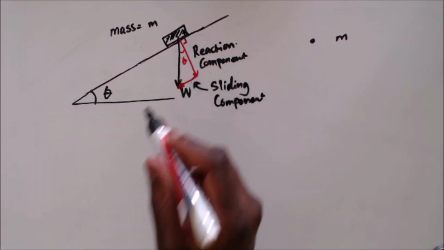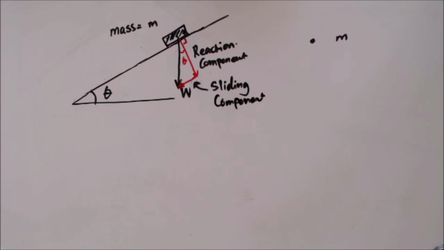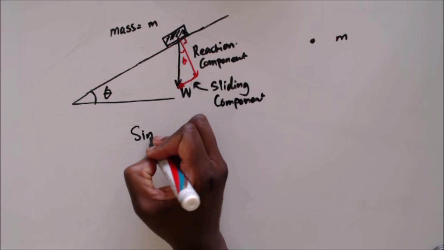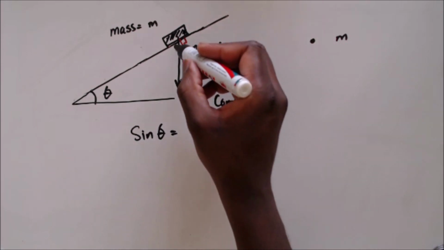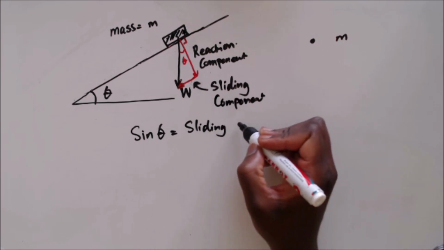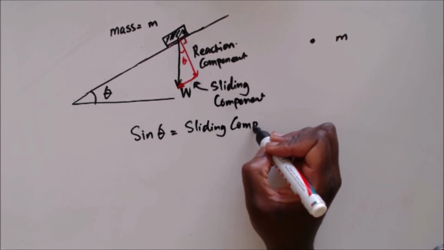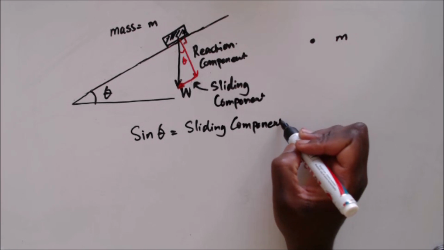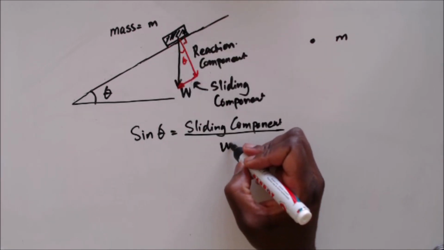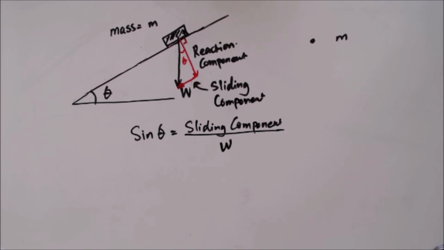Now, we can express theta in terms of the sine and the cosine of theta as follows. The sine of theta is equal to opposite, which is the sliding component, divided by W. Okay?